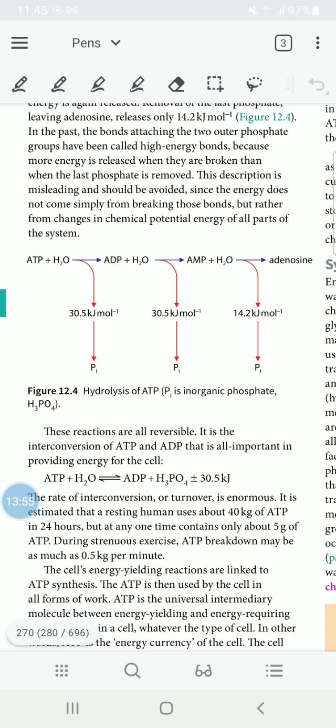Therefore, despite having only about 5 grams of ATP at any given time, about 40 kilograms of ATP is used by a resting human during 24 hours.